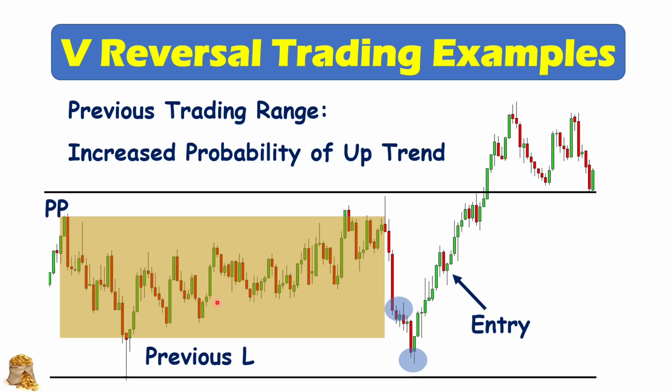The trading range doesn't go anywhere, and there is a lot of overlap of the candlestick bars between each other. And this also increases the probability that when the market moves, it could move even further. So that's why this part beyond the PP level is explained by this support level as the previous low and also by the trading range here.